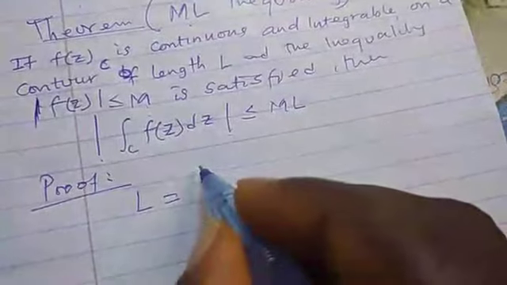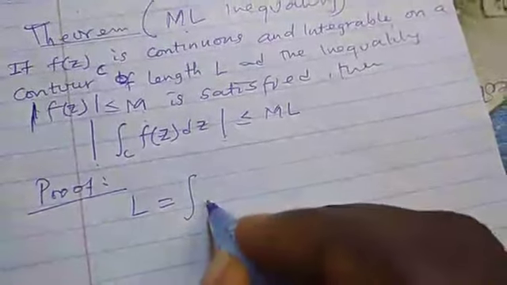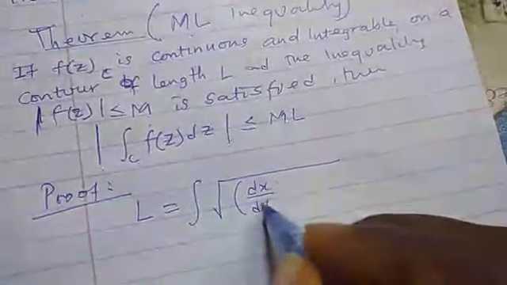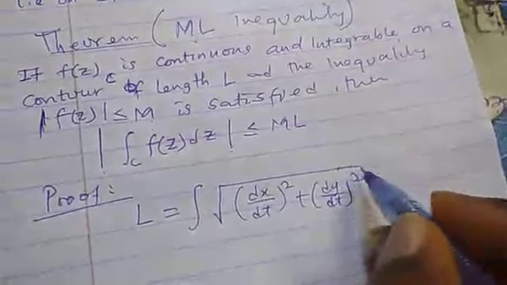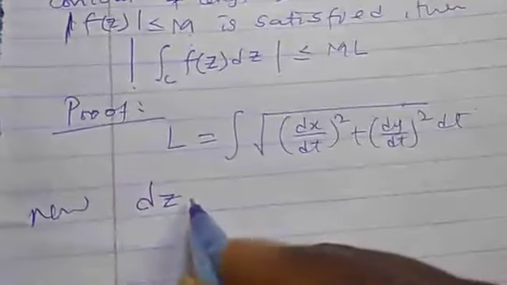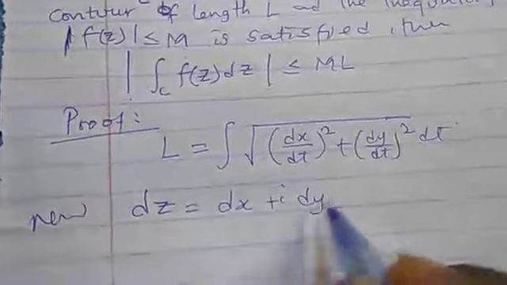By elementary calculus in real analysis, we know that the length of arc is given as this: the integral of the square root of dx over dt all squared plus dy over dt all squared, dt. We know that. Now dz will be equal to dx plus i dy, which we have known.